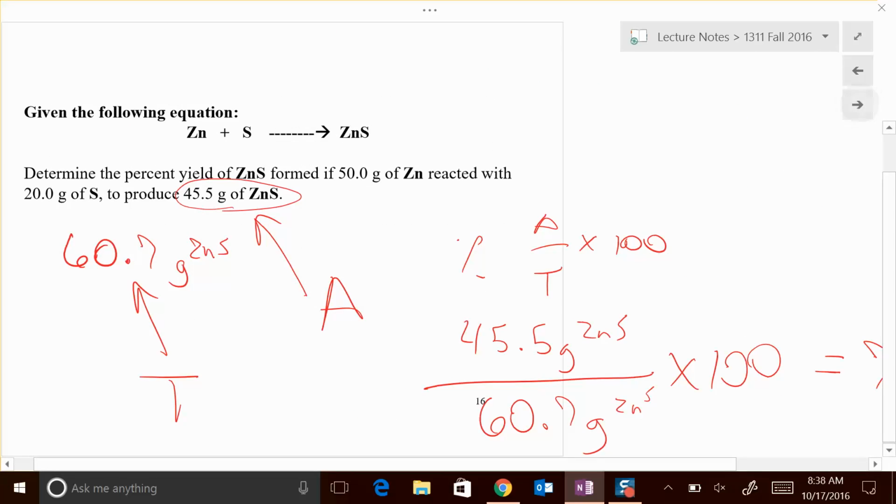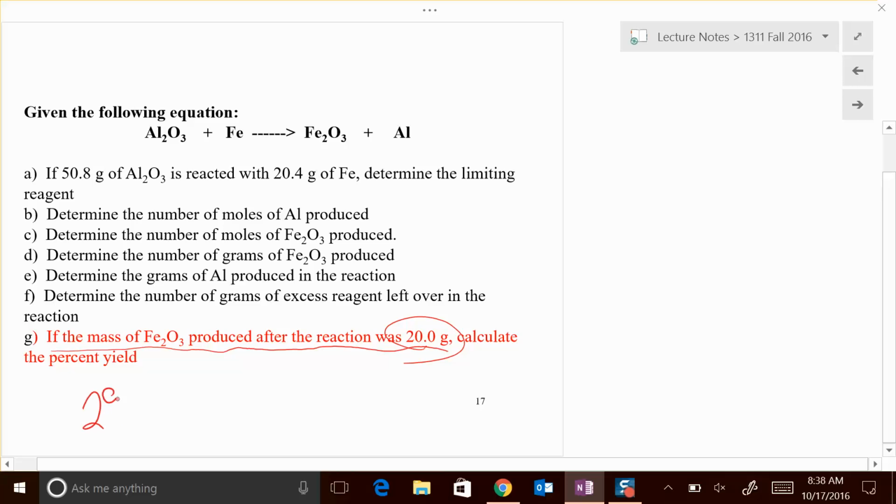And we're going to use it here. So 29.22 grams of Fe2O3 is my calculated theoretical amount, and my actual is 20.0 grams.